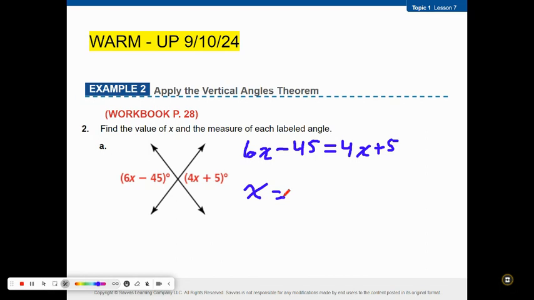Ian, what'd you get? 25? All right, yeah, that sounds right. So you get 25 there. So what is the measure of each angle? Each angle is what? 105. Very good.